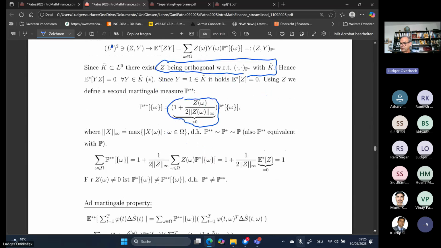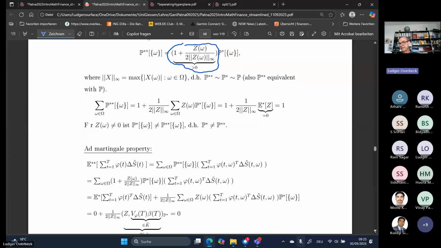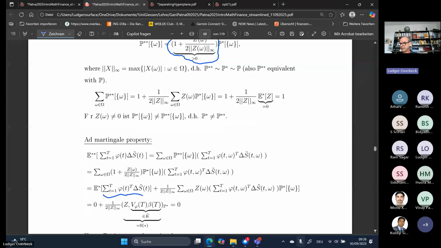Okay, so we have to prove the martingale property, which comes from the martingale property of P star and the orthogonality of Z to this entire space of attainable claims. The product will be 0 with Z, and so on. Okay, so these are martingales.